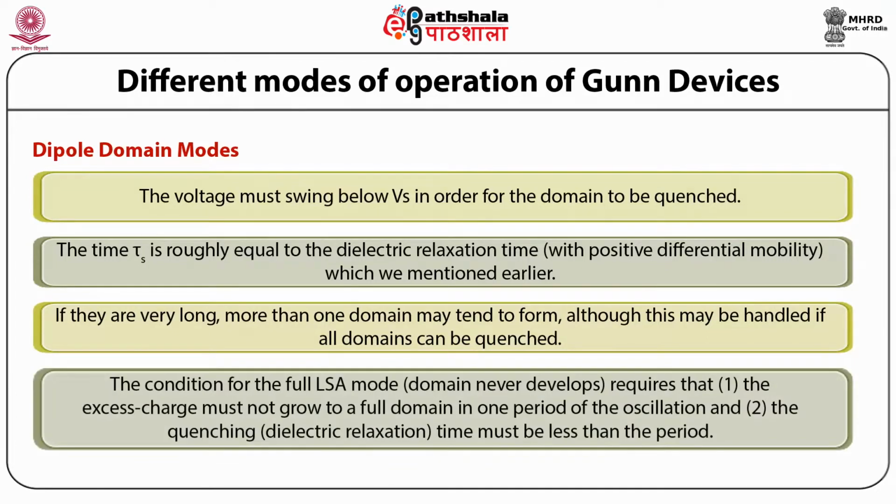So the condition for the full LSA mode is that the domain never develops. It requires that first, the excess charge must not grow to a full domain in one period of the oscillation, and second, the quenching time or the dielectric relaxation time must be less than the period.